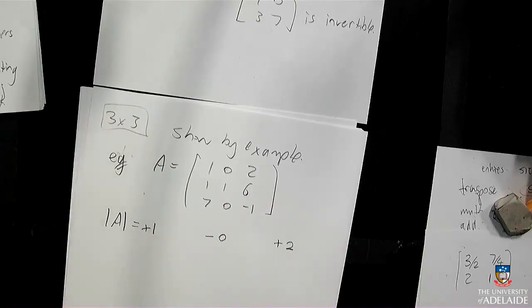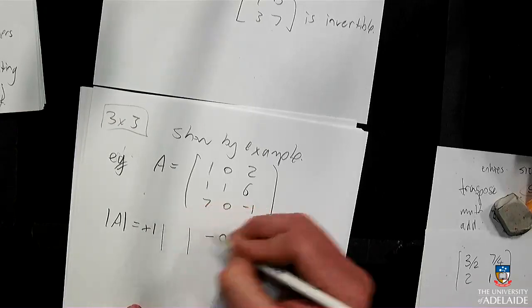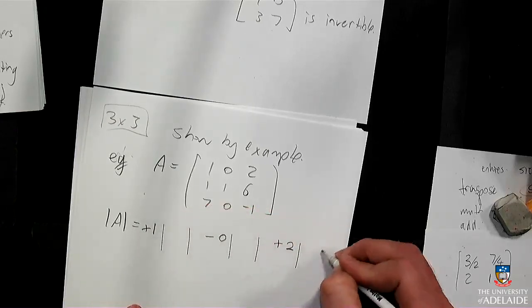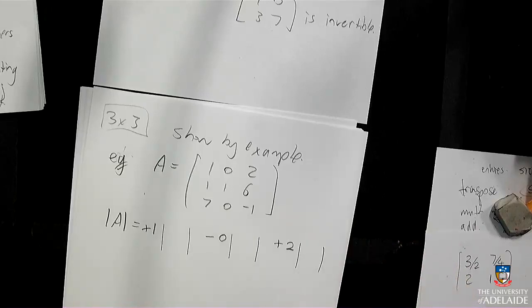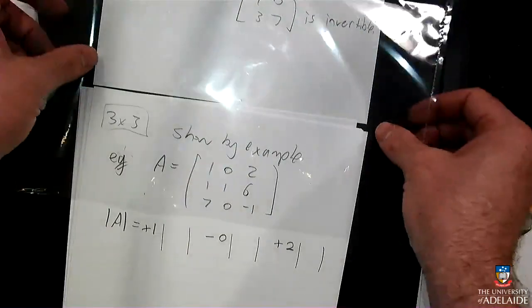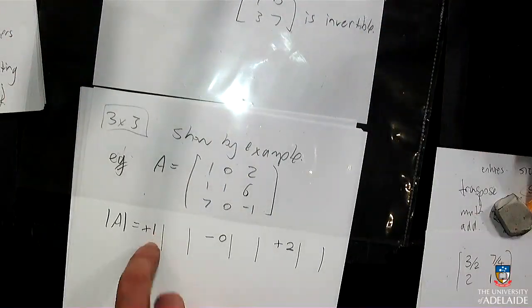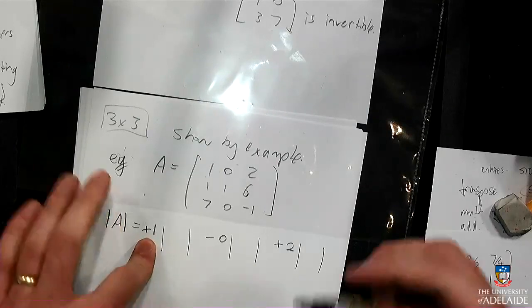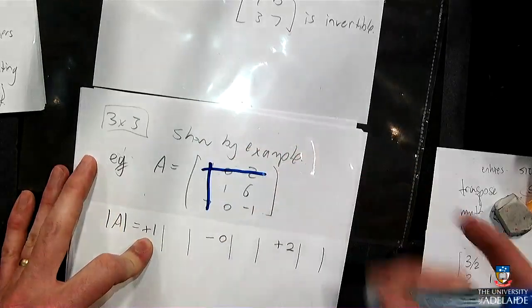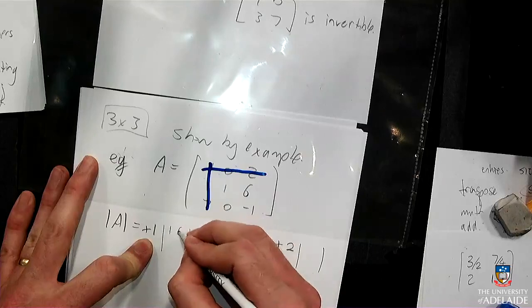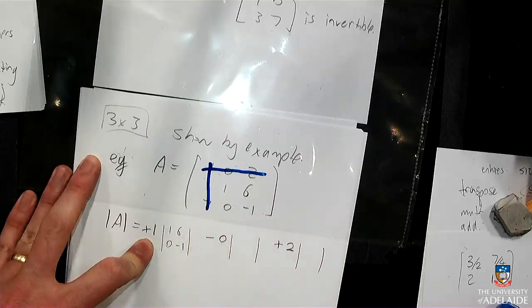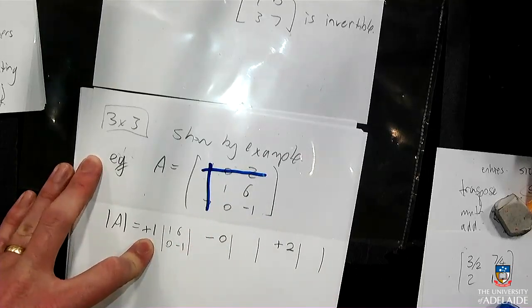Each of these is going to be multiplied by a smaller determinant, a 2 by 2 determinant. The 2 by 2 determinant that you want is the one you get by crossing out the row and column that this number came from. So this one is here, and I cross out that row and column, and I get the matrix 1, 6, 0, negative 1. Some people call this a minor.